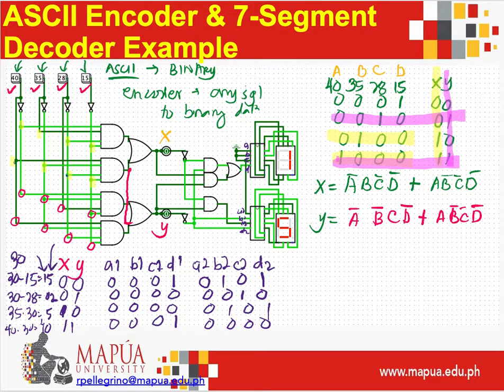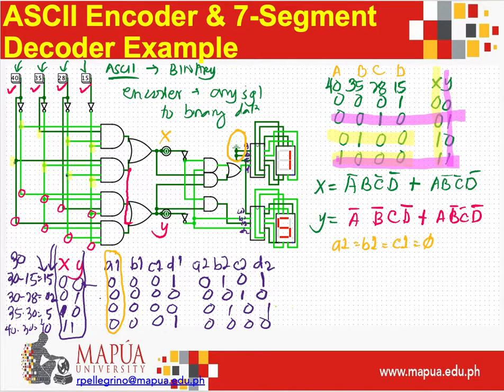To get the circuit or the equation for this, we know that A1 is equal to B1 is equal to C1, which is equal to 0. But for D1, let's write the K-map for this.